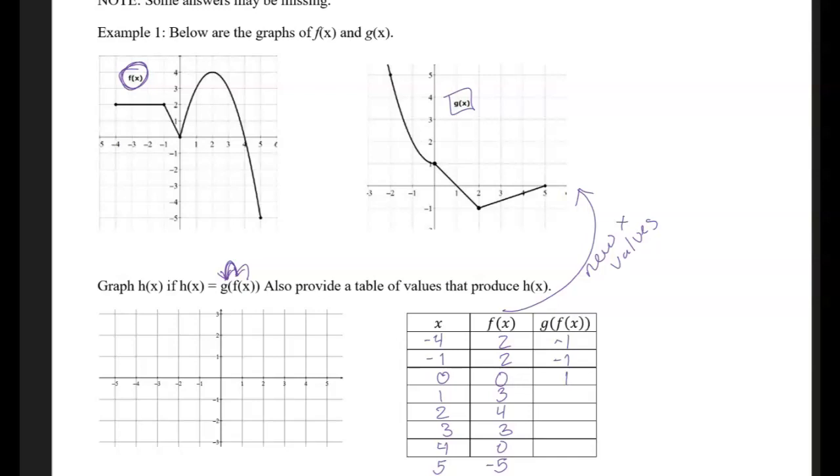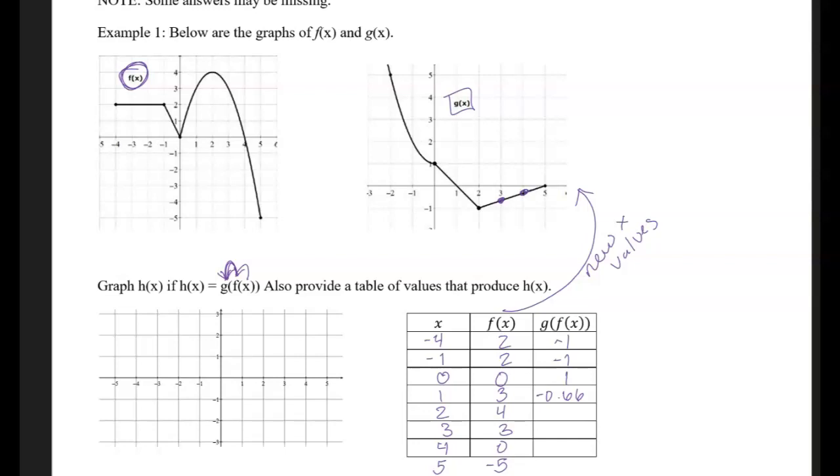But here it looks like that is going to be -0.66, which isn't really a guess because you go up 1 over 3. So it should be going up a third each time. So this is going to be -0.66. This is going to be -0.33.